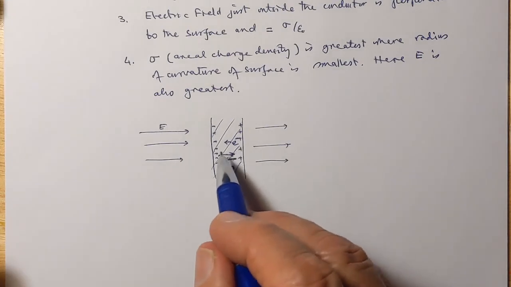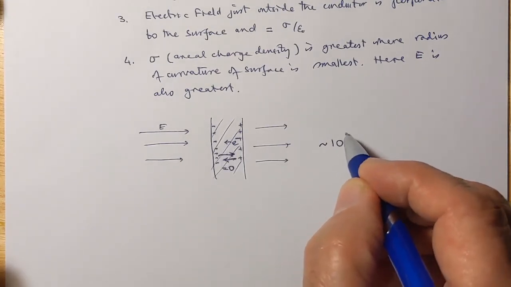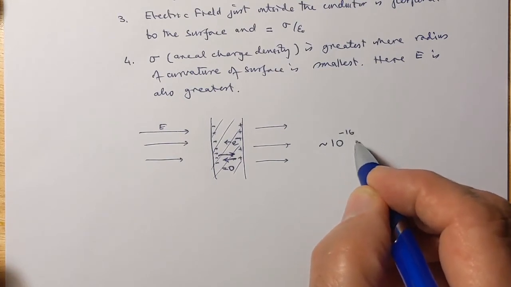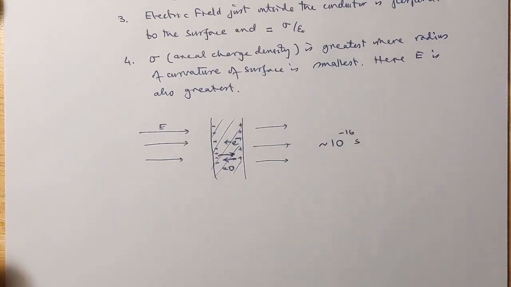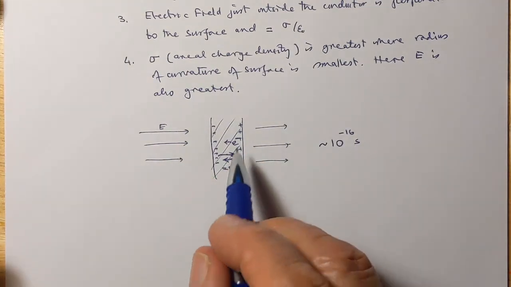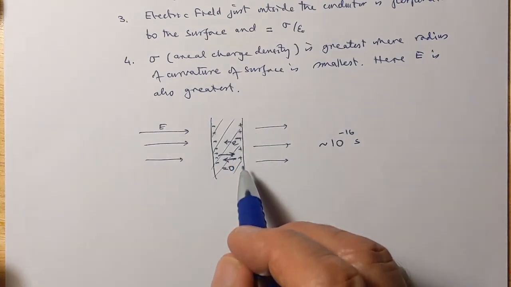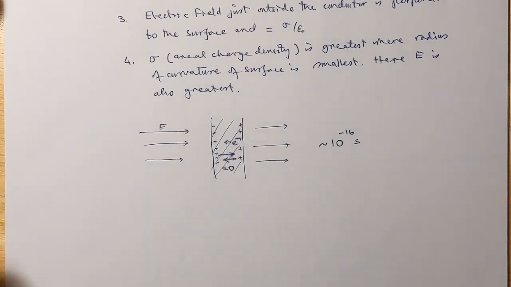Now this takes some time, but that time is extremely small, about 10 to the power minus 16 seconds. So it's essentially an instantaneous process. As soon as you put the metal in the electric field, the electrons immediately come to the left, this side becomes positive, and the electric field inside becomes zero.